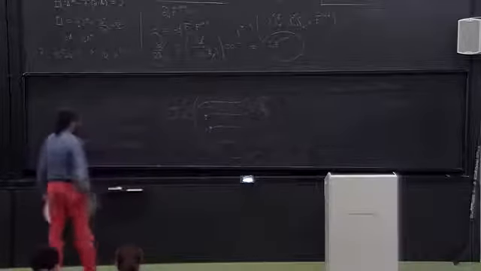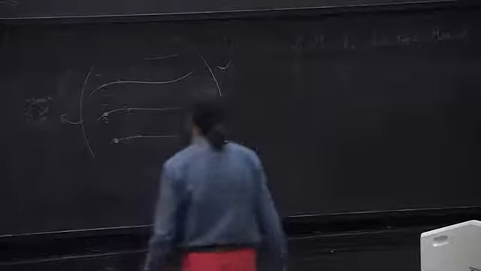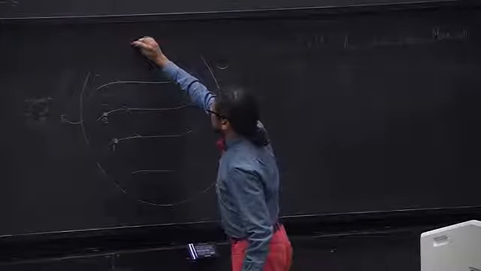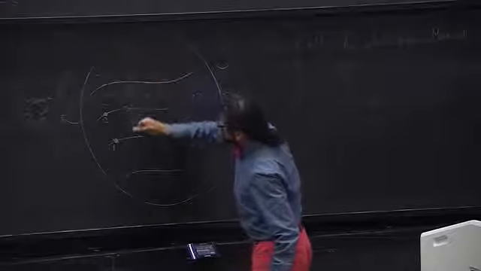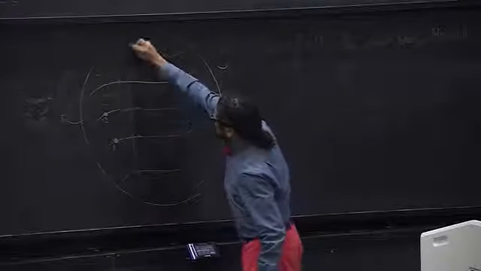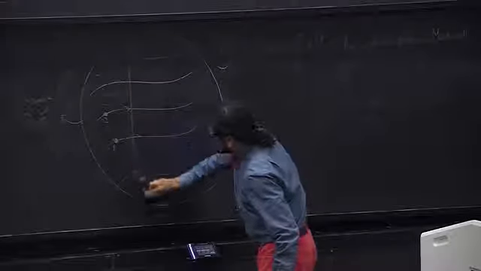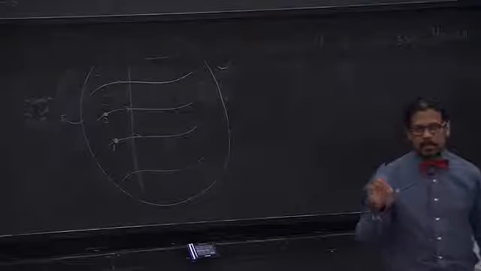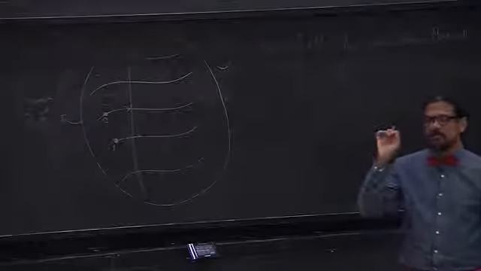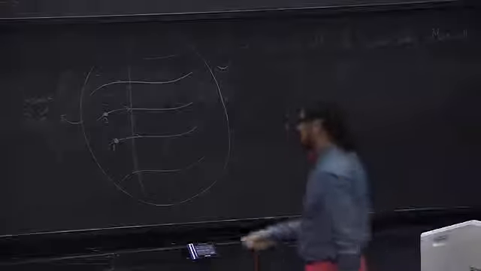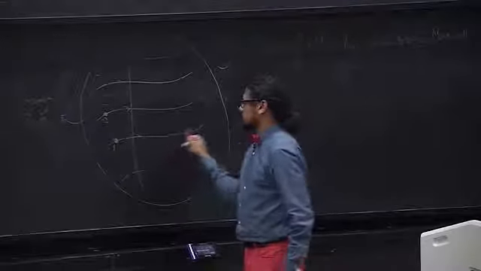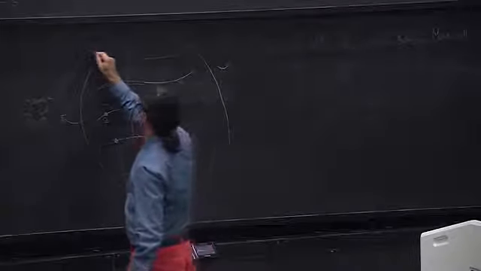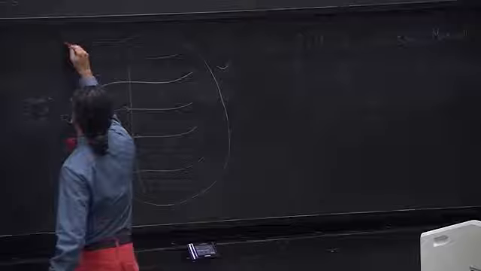Making a gauge choice is saying that you are choosing to slice through this space and picking out a representative solution from each equivalence class of solutions. So this is gauge choice number 1, say the Lorentz gauge.